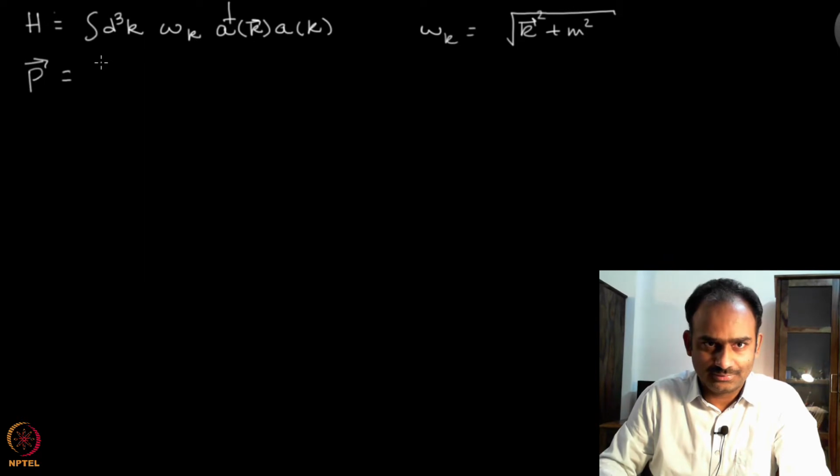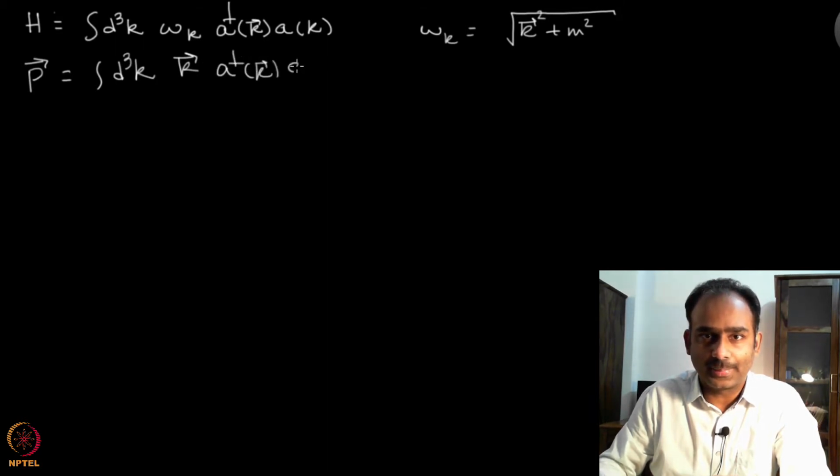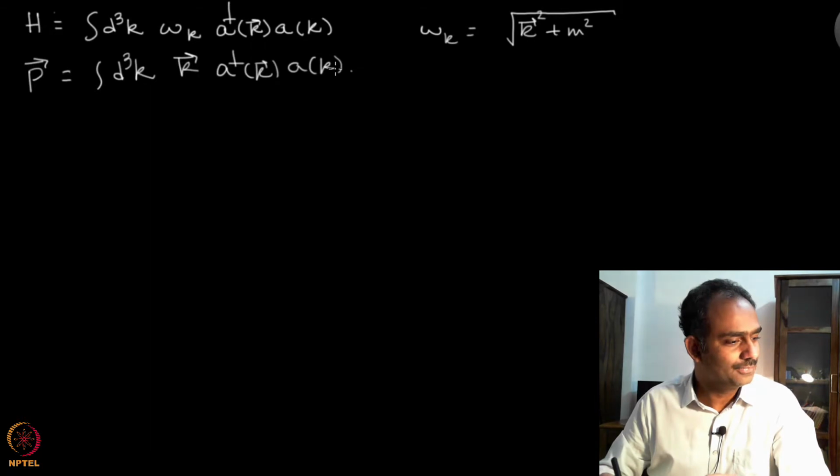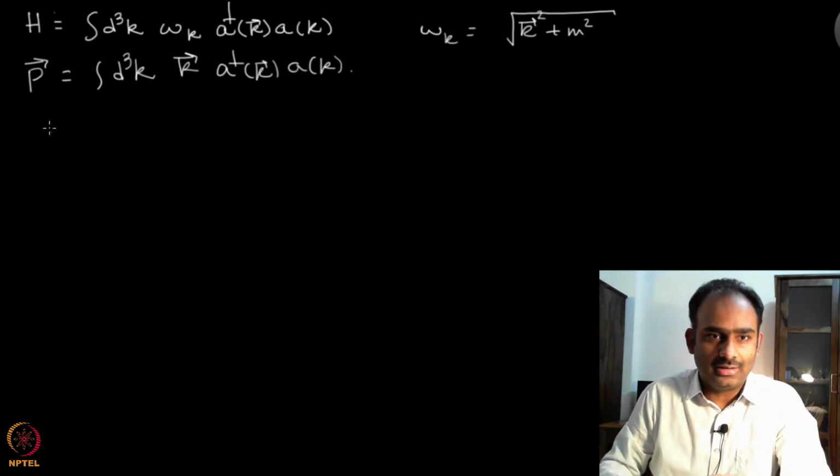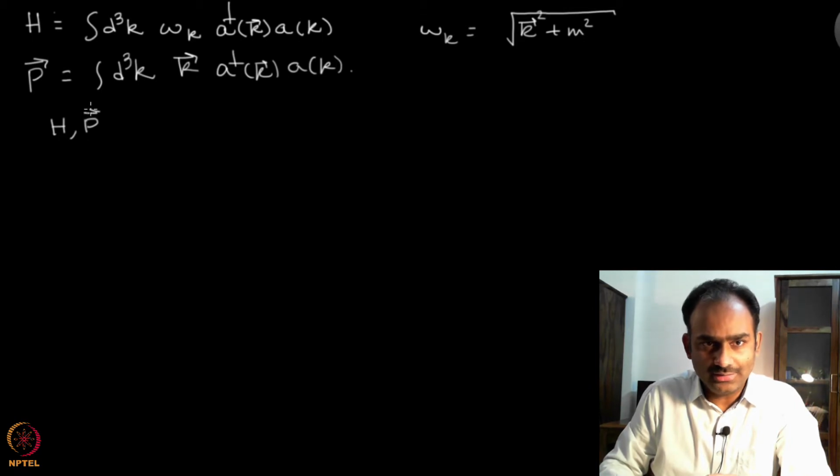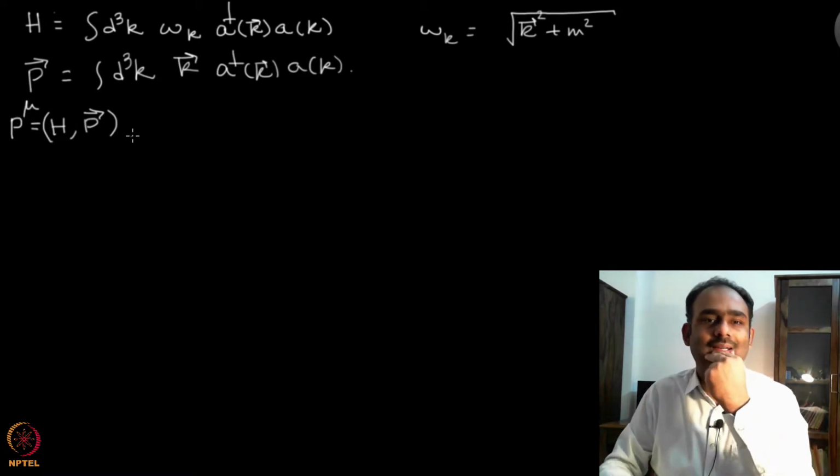Okay, and I said that it will have this form. Okay, and I also said that the Hamiltonian together with this momentum operator will form a 4 vector. Okay.